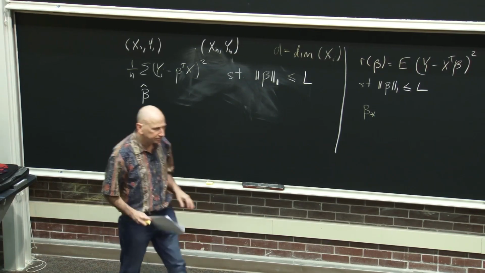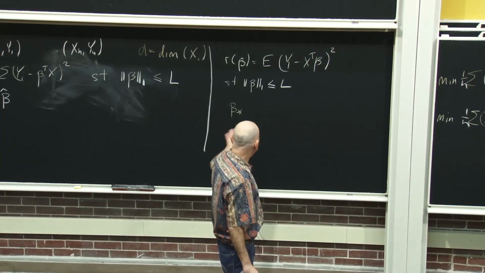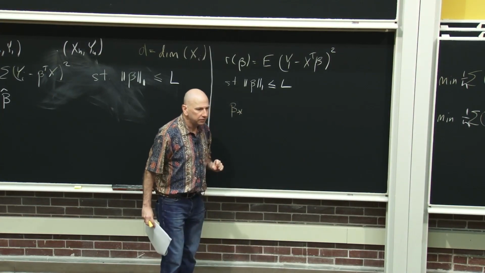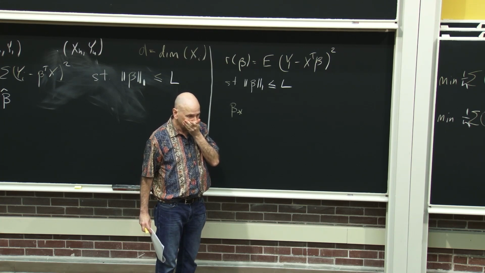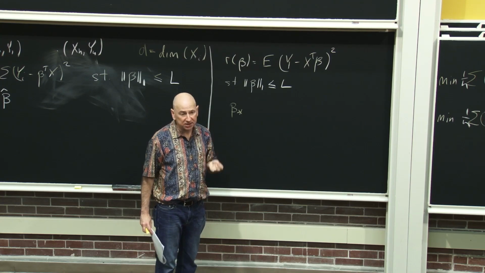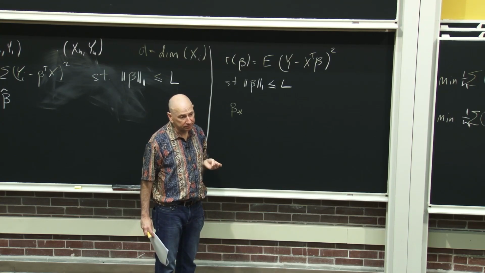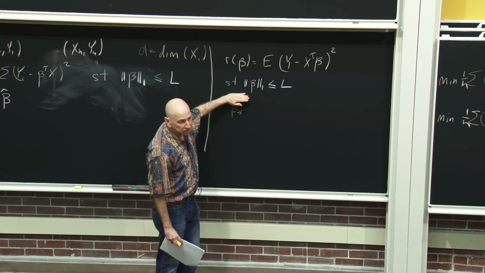Why do you want to compare this beta hat to this beta star? Because the thing that we want is that the estimate we get is near the solution to the 0 norm problem. Maybe. I mean, that's just a matter of definition. No, that's not true. This is another notion of sparsity, right?